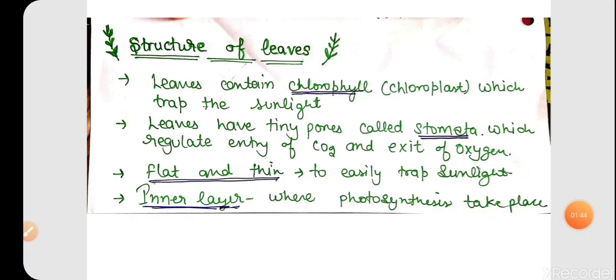This chlorophyll helps the leaves to trap the sunlight which is required for the process of photosynthesis. Why do we need that sunlight? We will be discussing that in our next topic, photosynthesis.